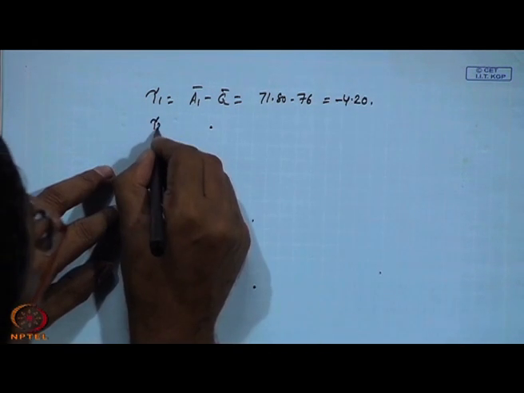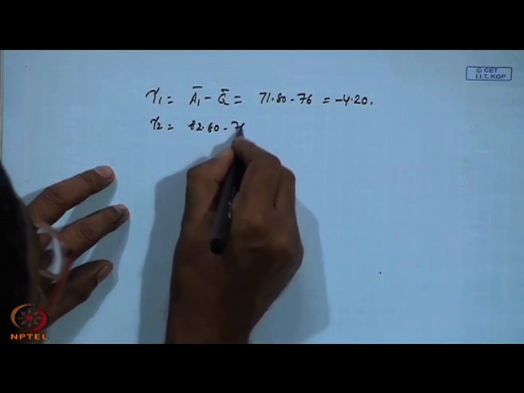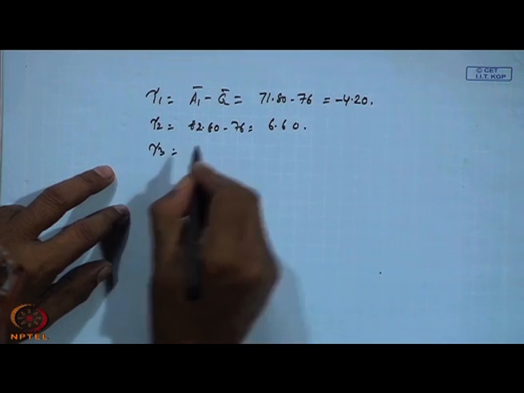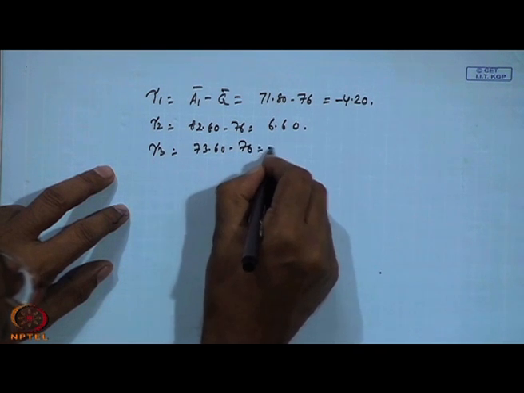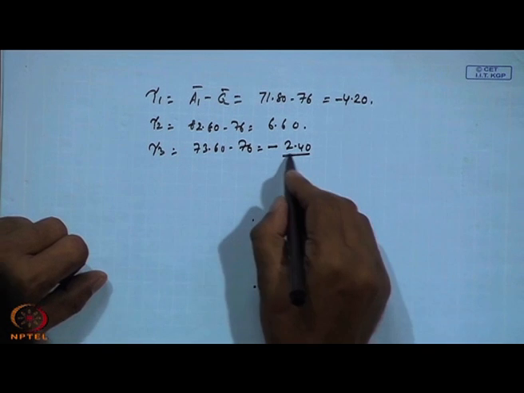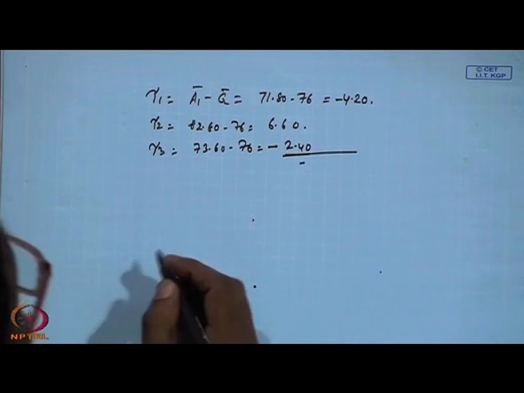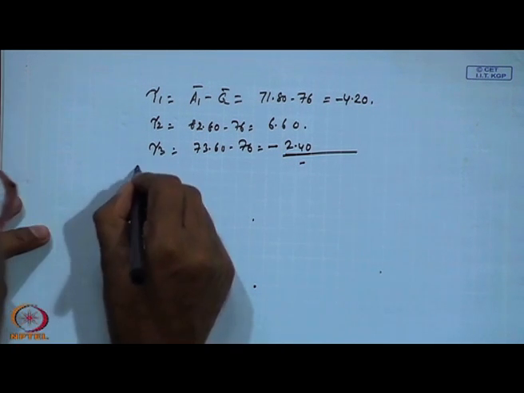Similarly, tau 2 will be 82.60 minus 76, that is 6.60, and tau 3 will be 73.60 minus 76, so minus 2.40, and the sum total will be 0. Then what do we want? We want to calculate also the error terms.